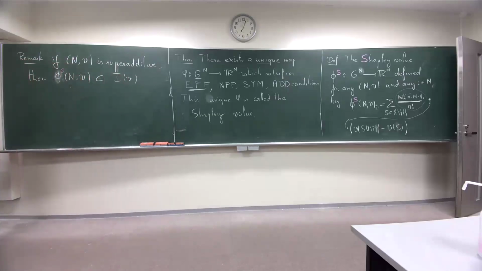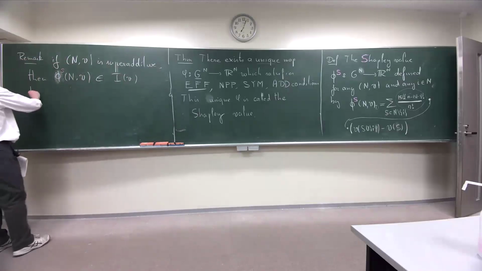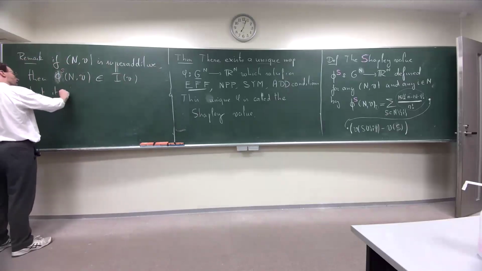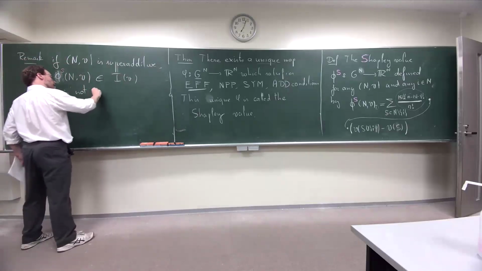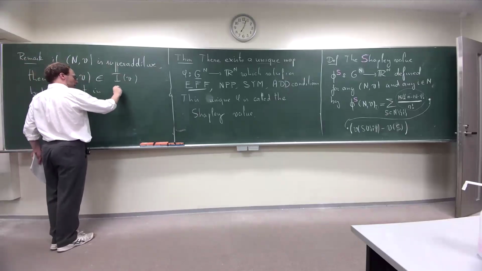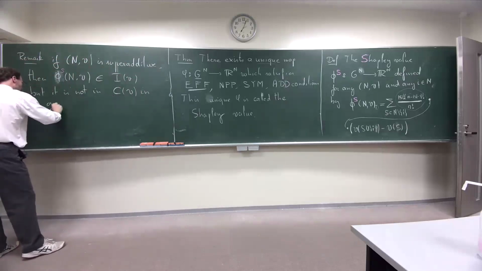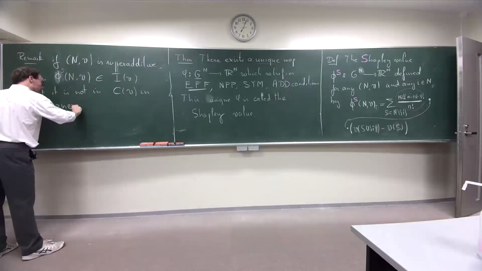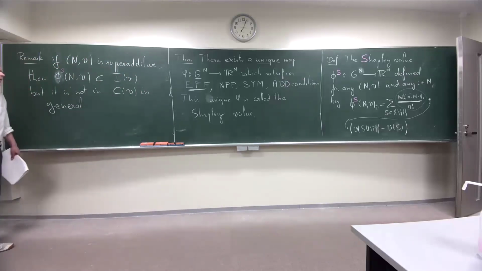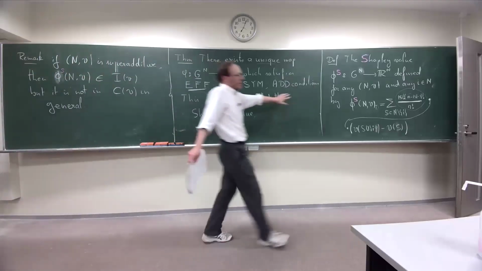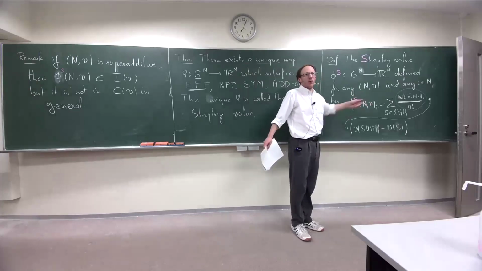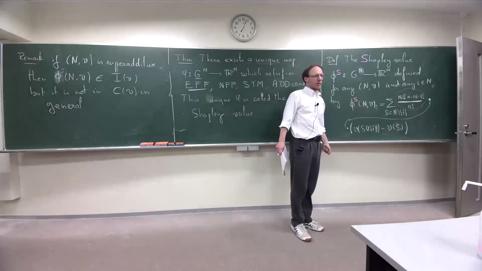So it means no player has an interest in not choosing this solution, but it is not in the core in general. It means sometimes it can be, but not always. And we have seen the core might be empty, while this formula is never empty. It's a formula, you can always compute it.